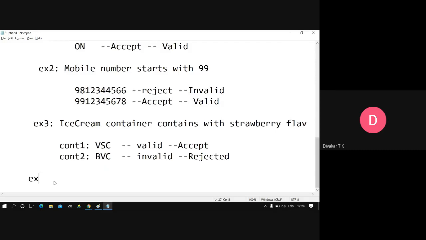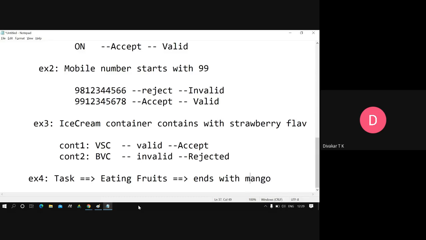Now, fourth example. Some task is there: eating fruits. Now what is the condition? When you're eating, it should end with mango fruit.